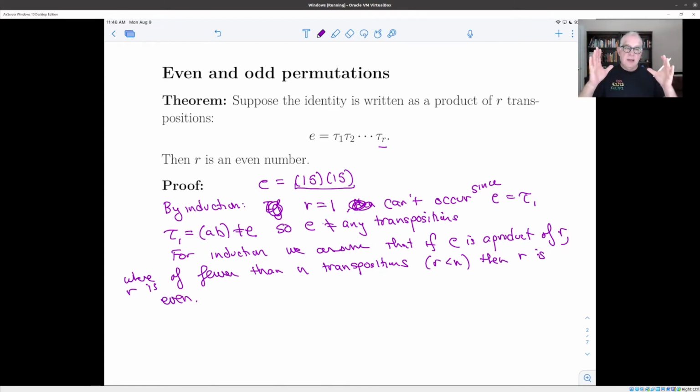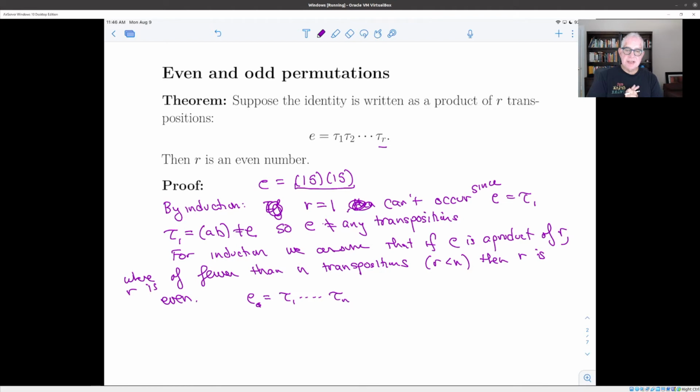So we write E as a product of n transpositions, and we know that any shorter expression only involves an even number of transpositions.